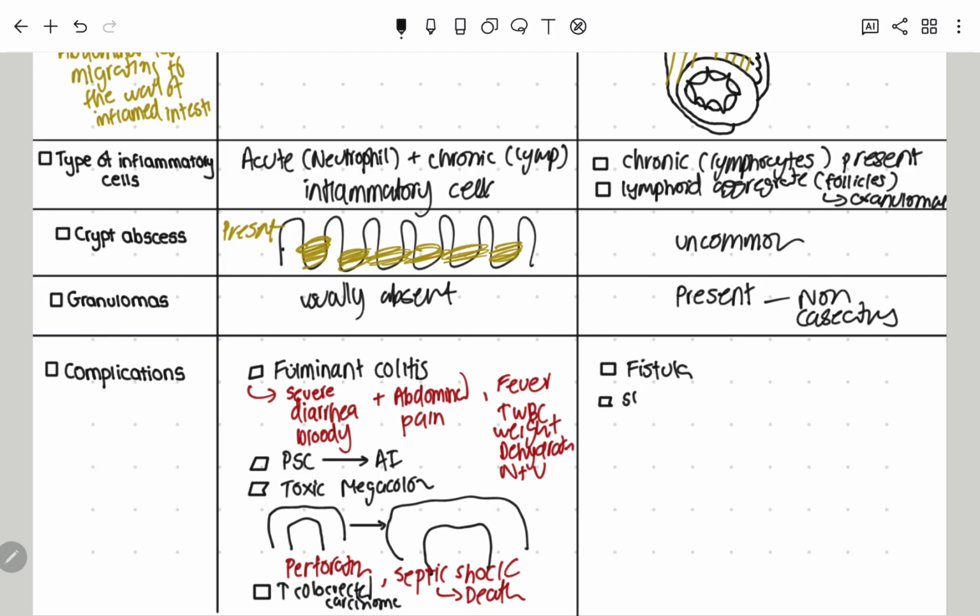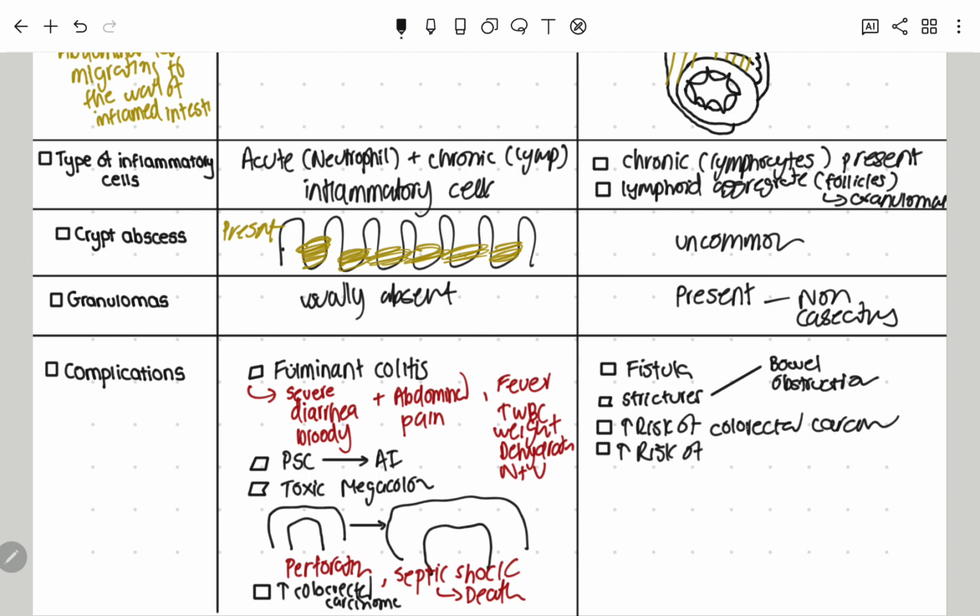Another important complication is the formation of strictures, which can further precipitate bowel obstructions, and it increases the risk of colorectal carcinoma, and also, these cancers are normally relatively rare, but also an increased risk of small bowel cancer.